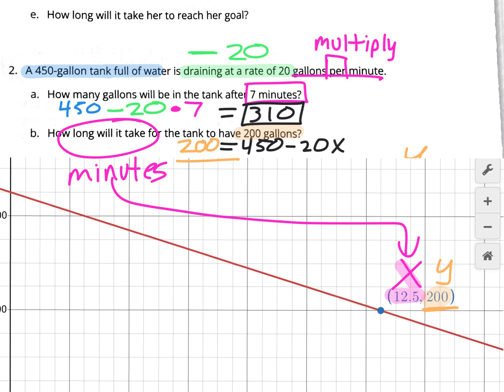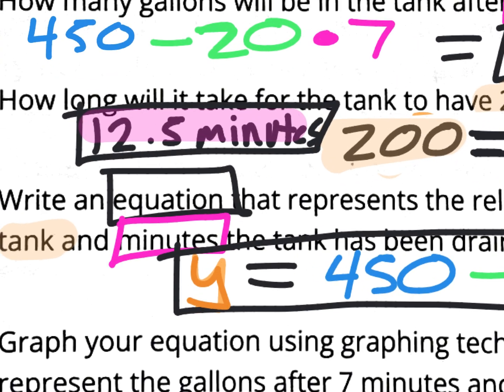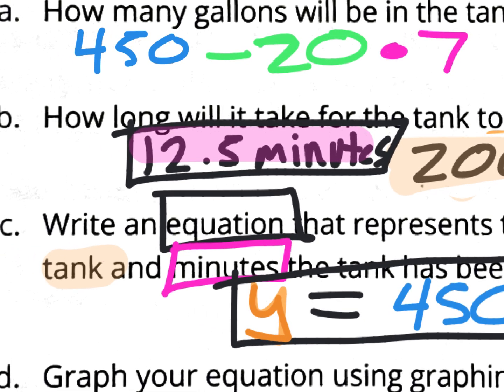Now, it's okay for us to have a decimal in this case. I know in the last problem, we didn't have a decimal, and that's because you can definitely have half of a minute, right? So we've got 12.5 minutes for part B. So that means your answer for part B should be 12.5 minutes.